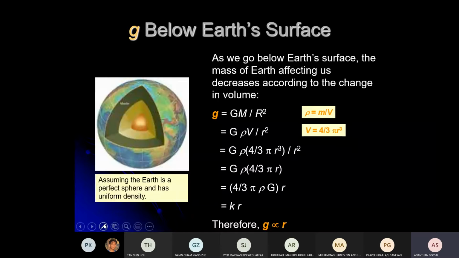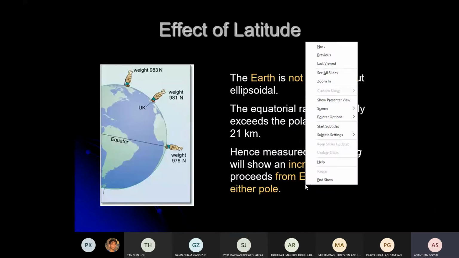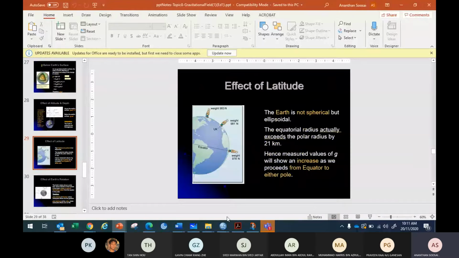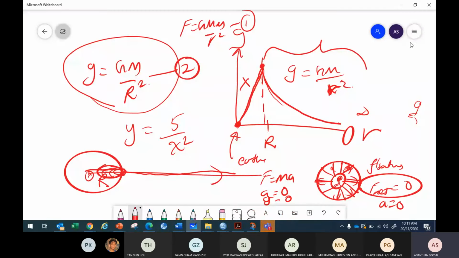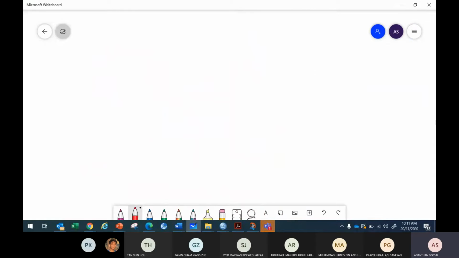Okay, what is meant by that? Let's say this is the Earth, and you stand here. Now let's say you go deeper and stand here.